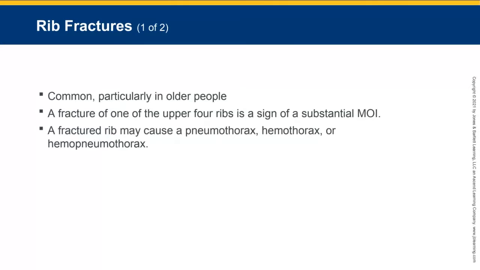So if the upper ribs are fractured, that's a lot of force being applied to the chest. A fractured rib may cause a pneumothorax, hemothorax, or hemopneumothorax. It can also cause a tension gastrothorax. Don't worry about the tension gastrothorax. We're talking about paramedic stuff at that stage.